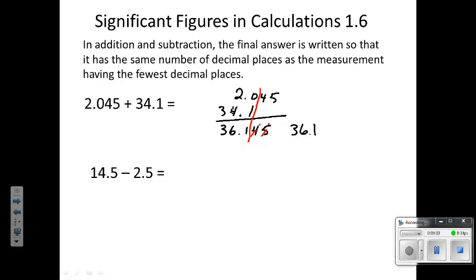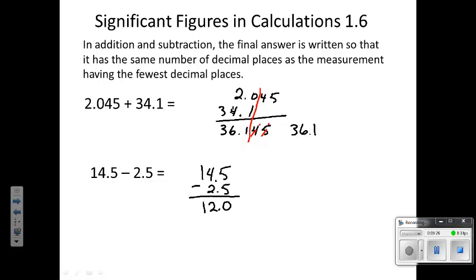So how about this one? How about the subtraction problem? Stacking it is a good way of doing it if you're just getting familiar with this. And here I do the subtraction. The answer is 12. But is the answer really 12? Well, the rules say that the tenths place is also significant.